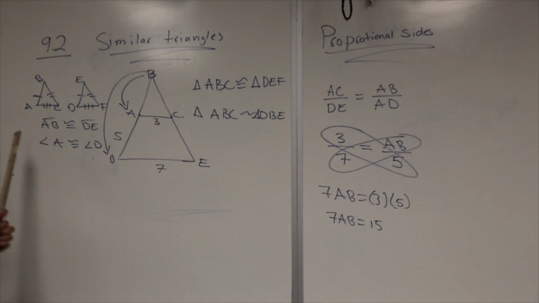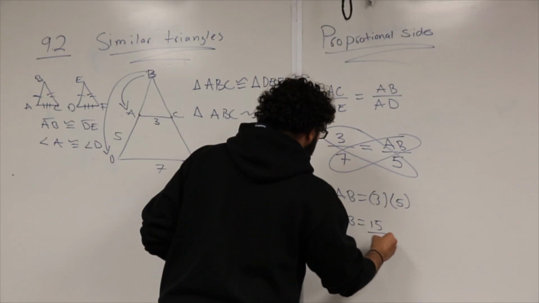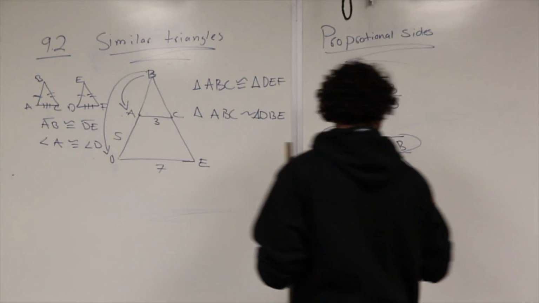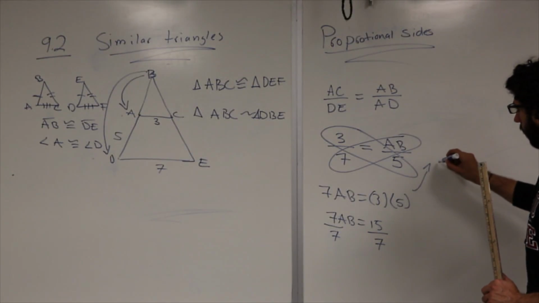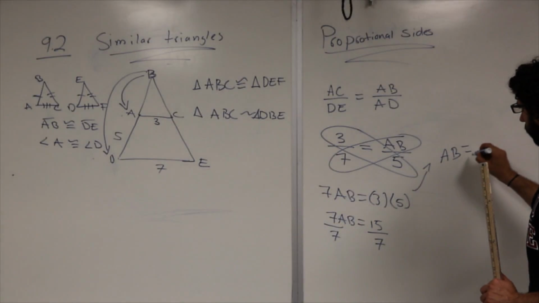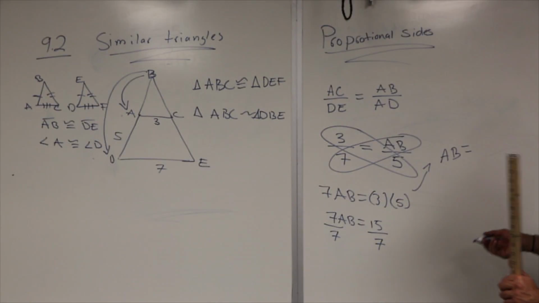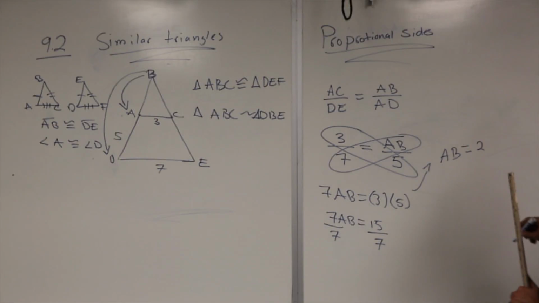Now, we want to get line segment AB by itself. So we're going to divide, and you write it right here. Hopefully you can see this. It's moving over here, and AB is equal to, what's 15 divided by 7? Well, how many times does 7 go into 15? 2, and then we have some left over, right?